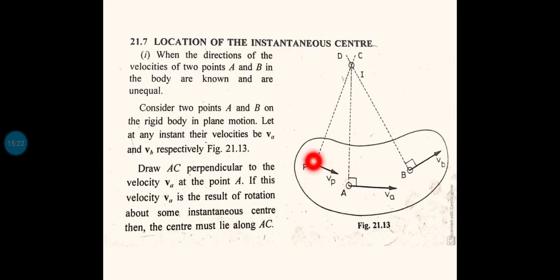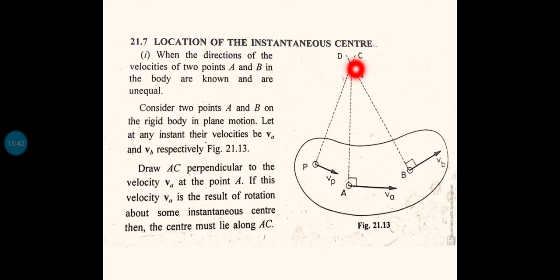Here, since I have assumed this as the center of rotation, with respect to this point A the tangential velocity is Va, and this is the distance to the tangent. So I can take this distance as the radius. For this point, this distance will be the radius.